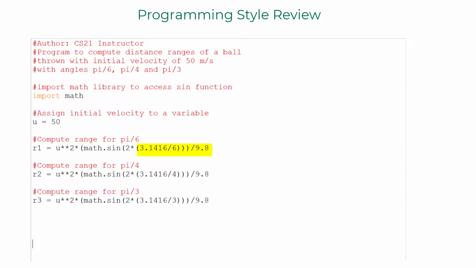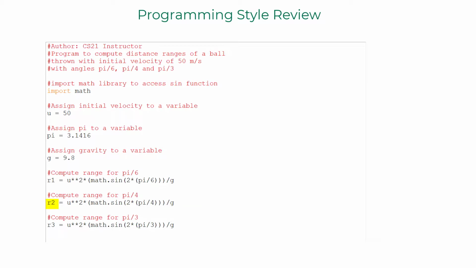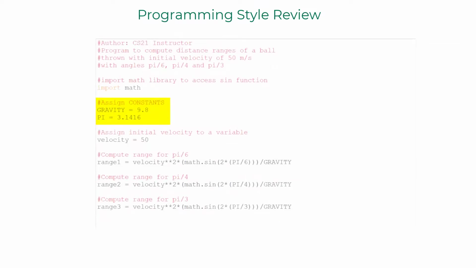It's better that you assign them to a certain variable so that you don't make any mistake when you're repeating the same number over and over again. While naming the variables in your program, make sure they have some meaningful name that conveys what that variable is about. Finally, make sure that you initialize the constants at the beginning of your code and use them throughout the program.